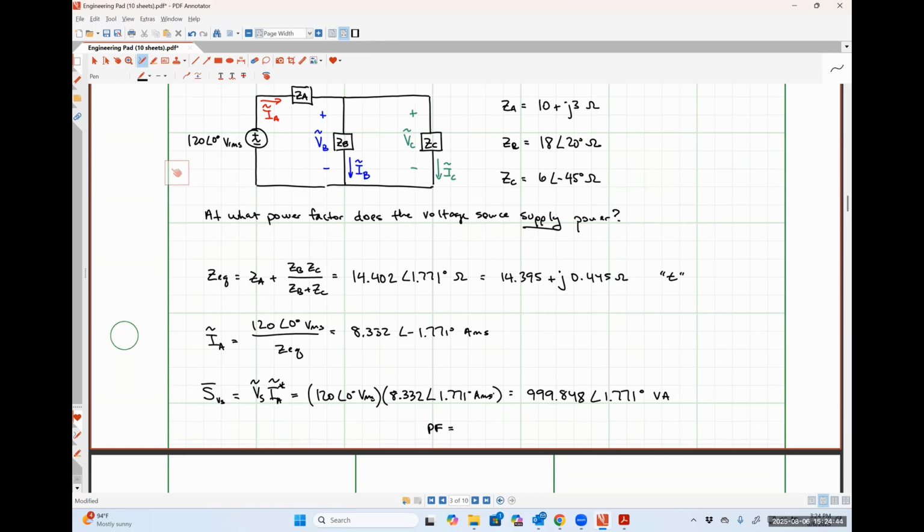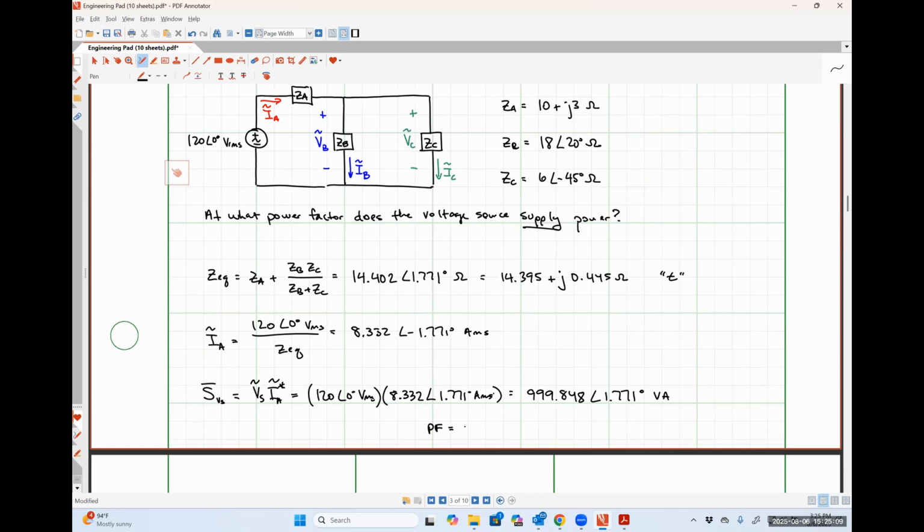So my question to you guys is, from this information, how do I calculate my power factor? Is it not just the cosine of the angle?